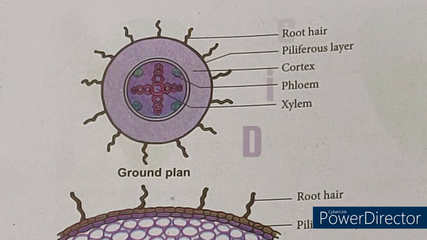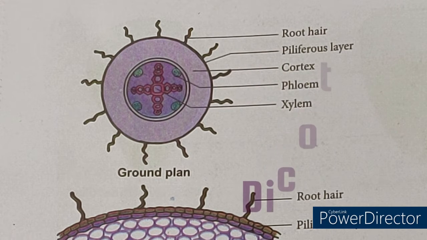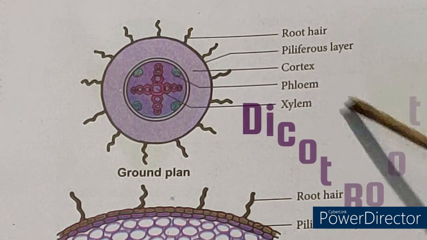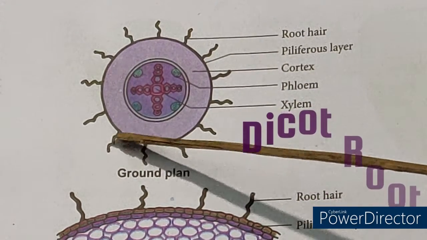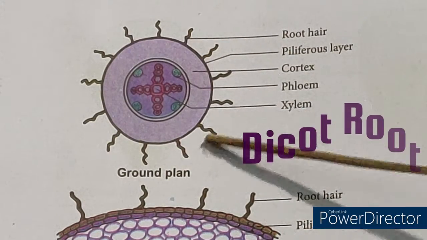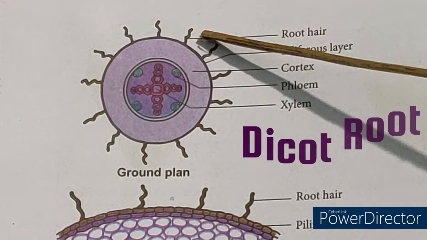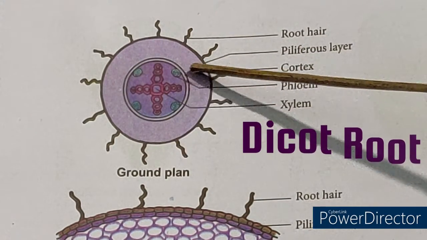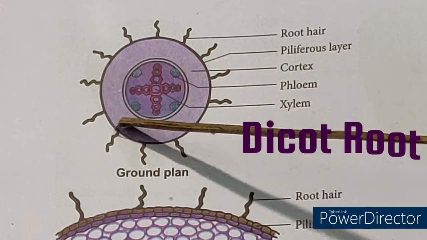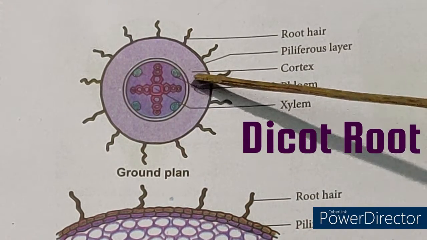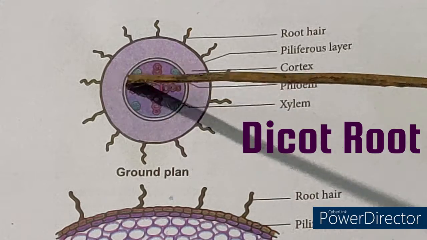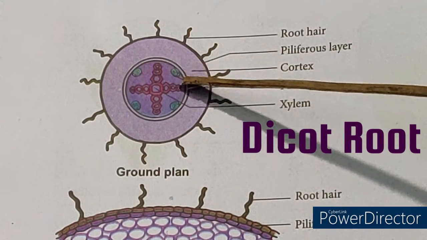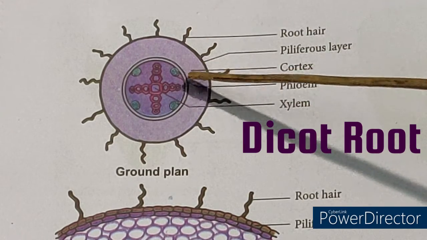In dicot root, we have four important tissues. One, the outer epidermis, which covers and protects the whole structure. Next, inside, you have cortex tissues, which is actually a ground tissue. Third, we have another circle inside which vascular bundles are found, and this is known as endodermis.